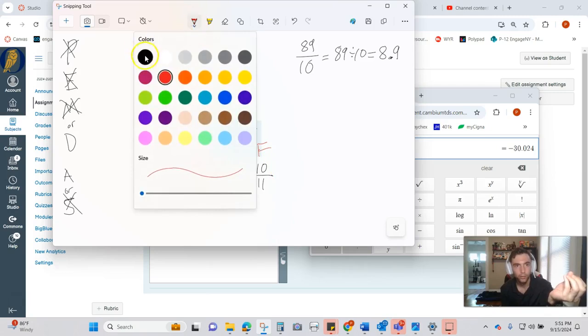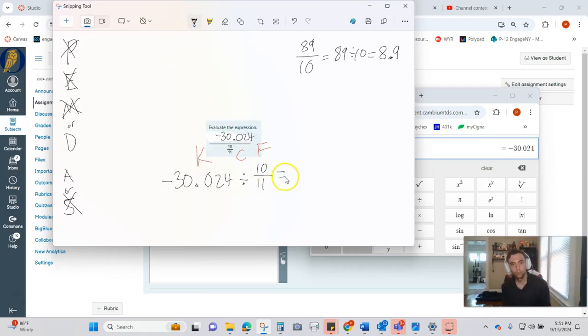Using the keep, change, flip strategy to divide with fractions, you keep the first number exactly the same, so negative 30.024. You change the divide sign to a times sign, and then you flip that fraction. Flip, where the denominator becomes the numerator, and the numerator becomes the denominator.